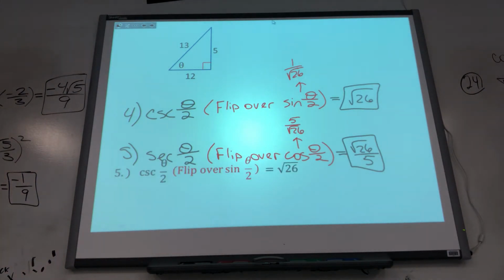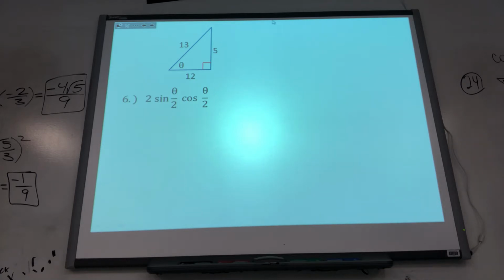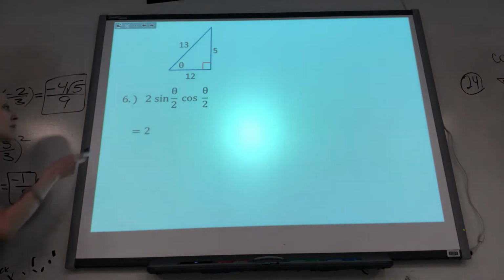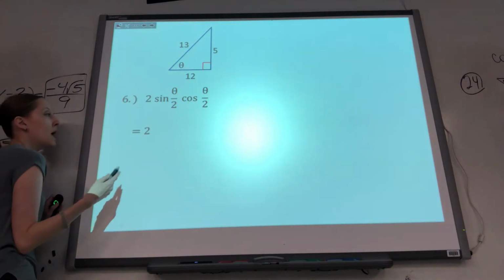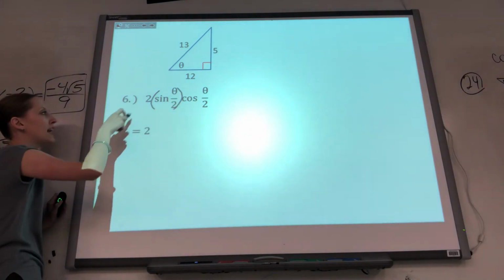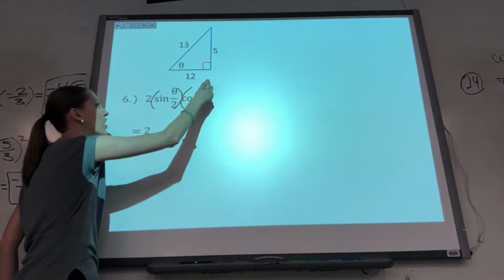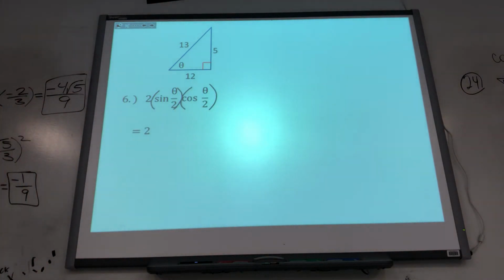Now, I think there's 2 more problems here. So 6 and 7, this will be our last couple. Number 6 says 2 sine of theta over 2 cosine of theta over 2. There's like 3 parts to this problem. I'm going to pull down the 2, but now I have to plug in what sine of theta over 2 is and what cosine of theta over 2 is.